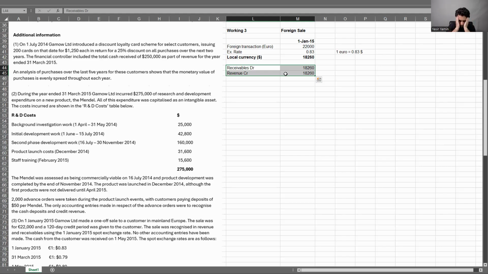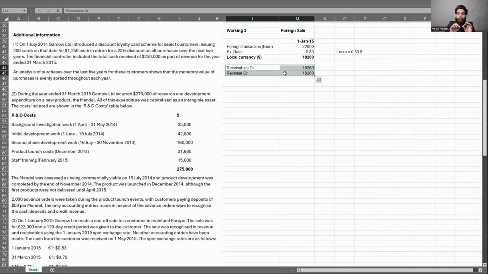But do you think IAS 21 has any other implications here? Do you guys remember about IAS 21? IAS 21 said that a foreign currency monetary item is any item which is cash or readily convertible into cash, like receivables.